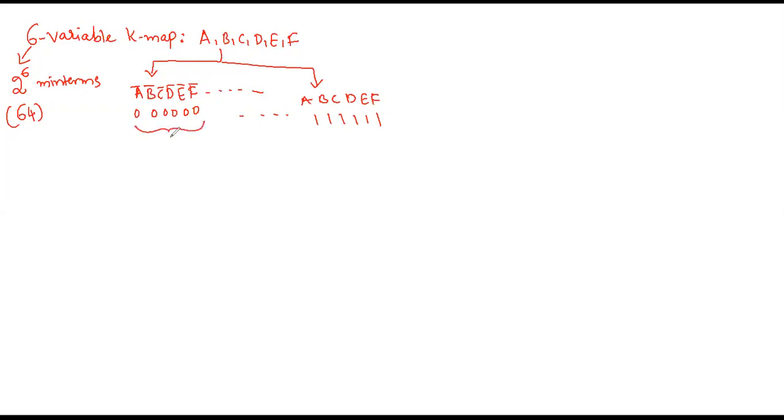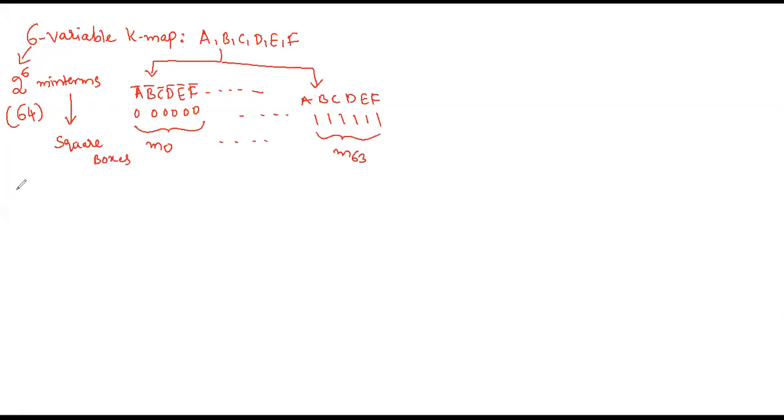This is the M63 minterm. So totally we have 64 minterms. Each minterm indicates one square box. So we have a total of 64 square boxes in a 6 variable K-map.